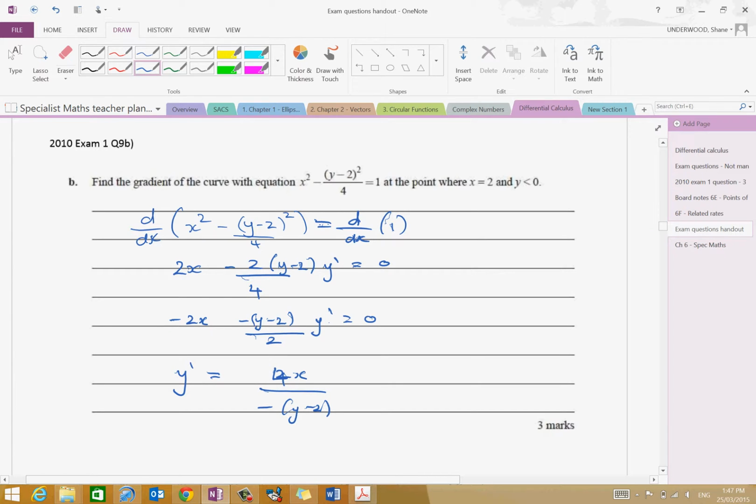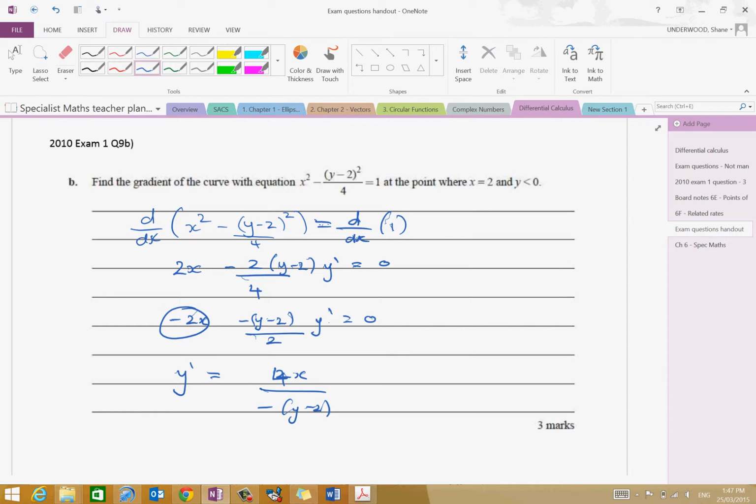Hang on, why has it gone from 2x to negative 2x all of a sudden? Oh no, because that 2x is then going over to the other side. Yeah, but that should be negative on the other side because it's positive on the line above it. 2x over the other side times 2 is 4x divided by minus.